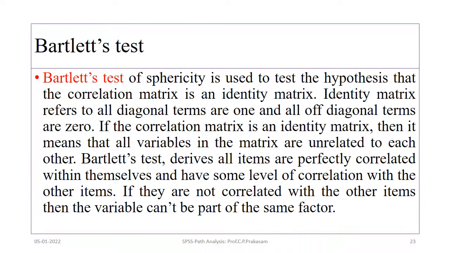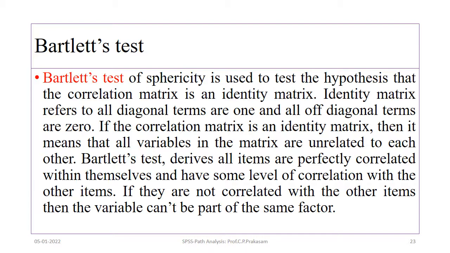Then we come to Bartlett's test. This is the crucial test which will decide whether the observations are adequate or not, whether the sample size is adequate or not. Bartlett's test of sphericity is used to test the hypothesis that the correlation matrix is an identity matrix.